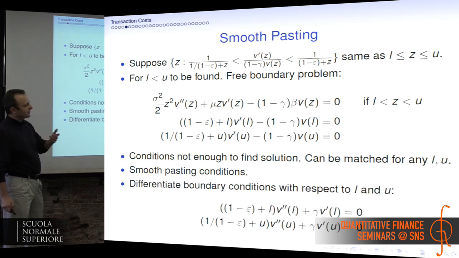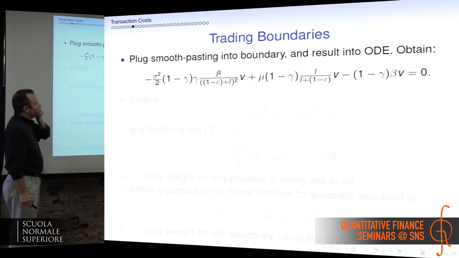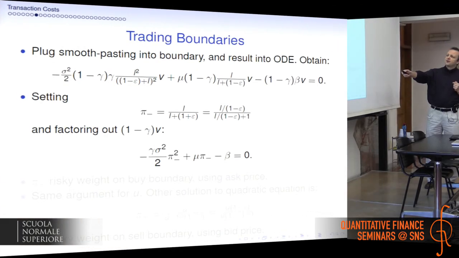The 5th one is arbitrary. You can decide that V of L is 1.